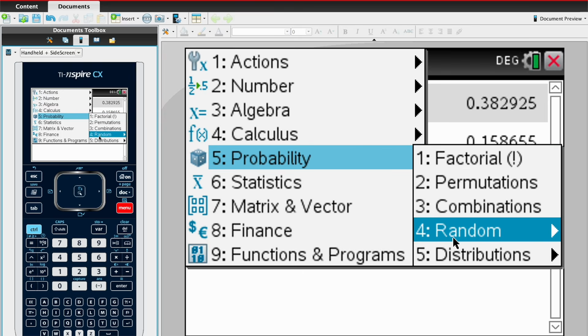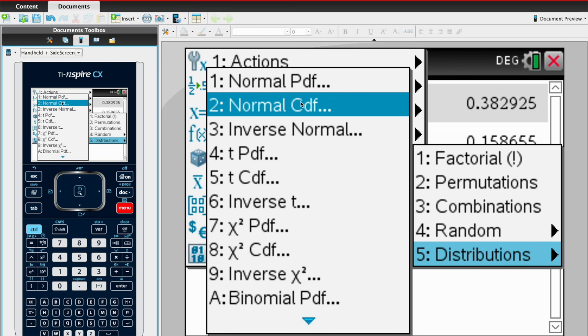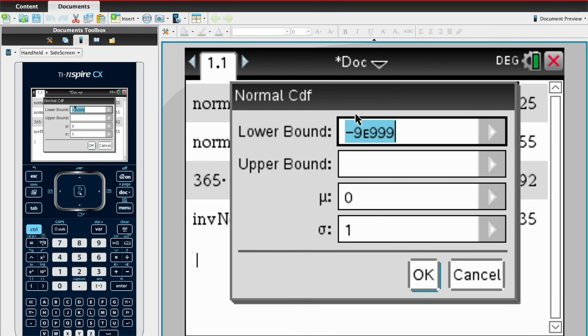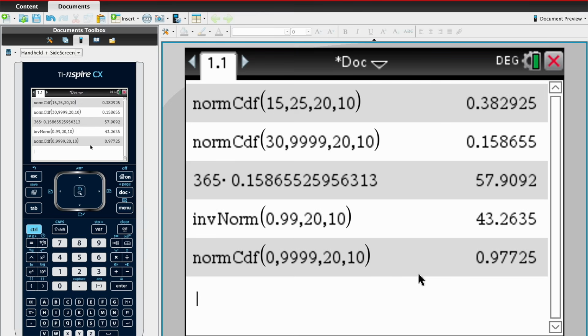Probability, distributions, normal CDF. Lower bound is 0. Upper bound, make sure that we clear all information to the right. Mean is 20, standard deviation is 10. Okay, so the probability that this train arrives late is 0.977, or 97.7% of the time.